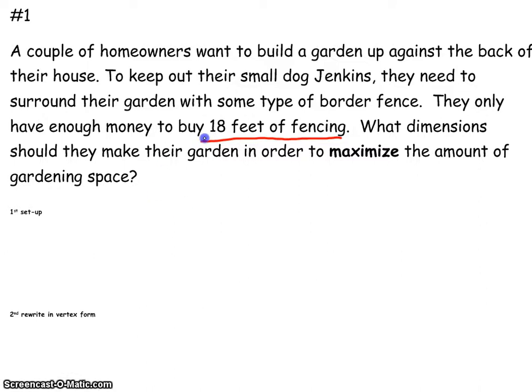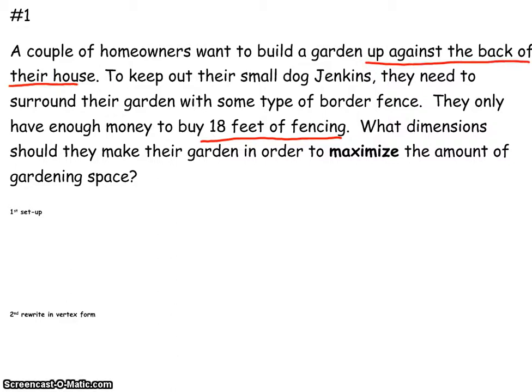As I said earlier, they only give you 18 feet of fencing. That's all the numerical information they give you. But can you think of something else that is important in this problem? This piece right here: build a garden up against the back of their house.